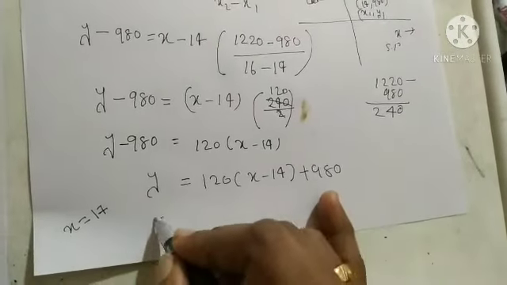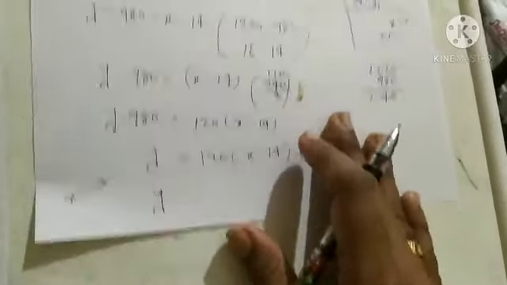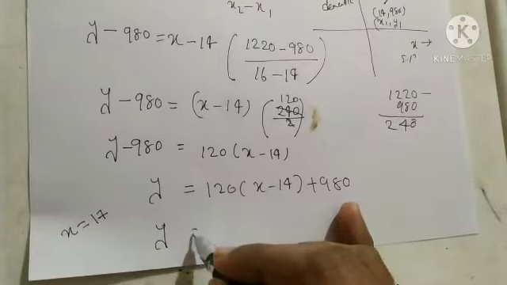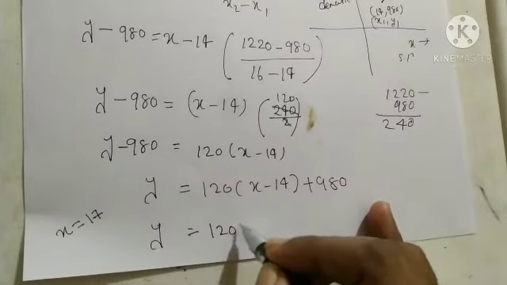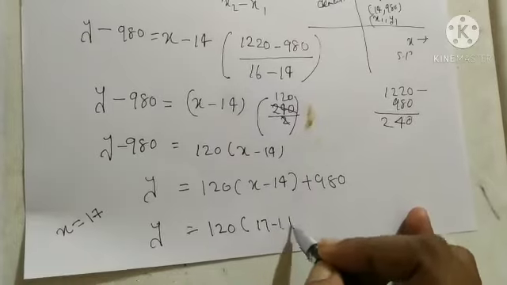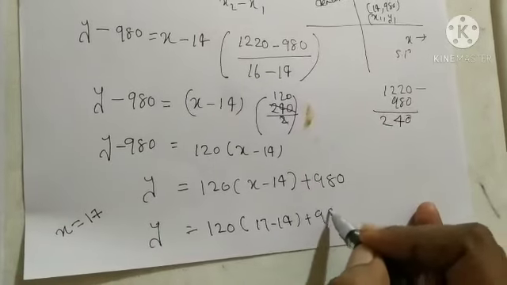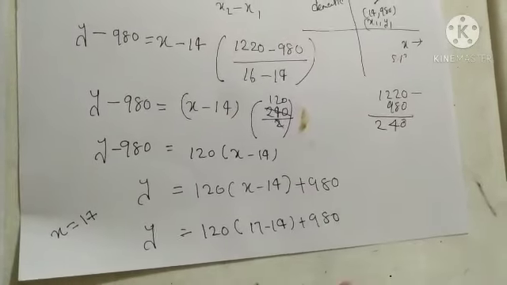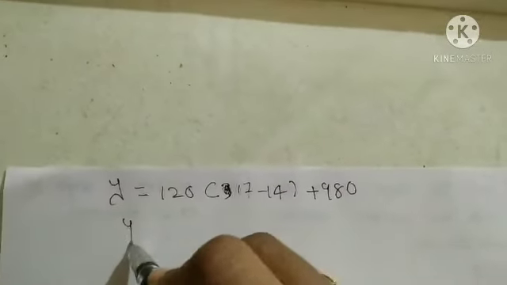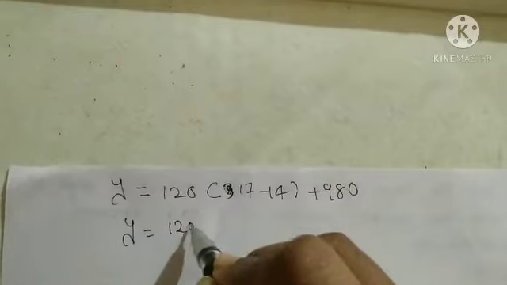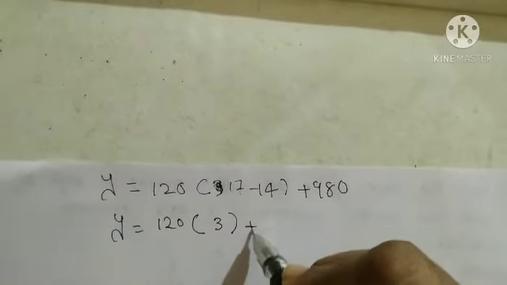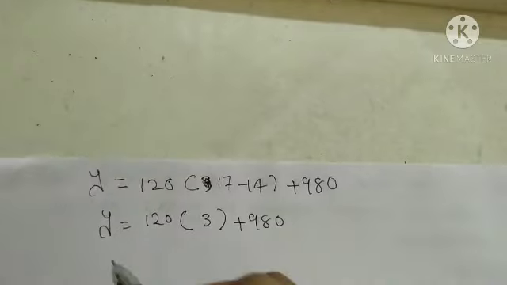So substituting the value of x in this equation, we get y equal to 120 into 17 minus 14 plus 980. And it will further equal y equal to 120 into 3, since 17 minus 14 is 3, plus 980.